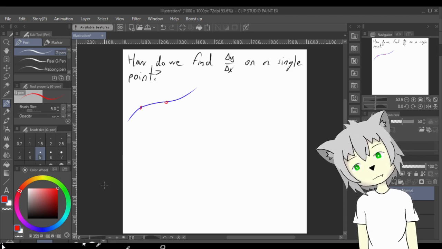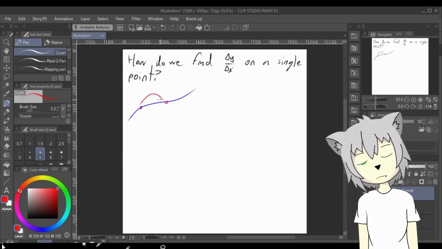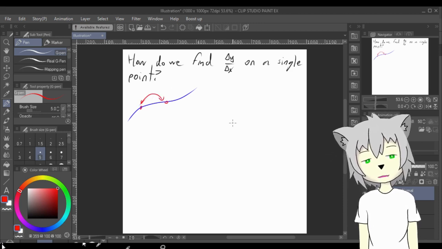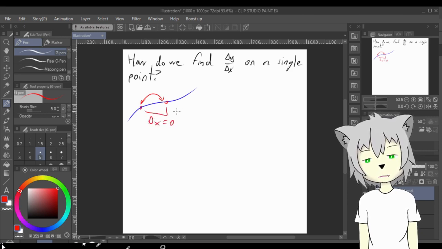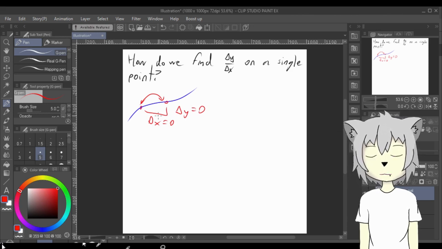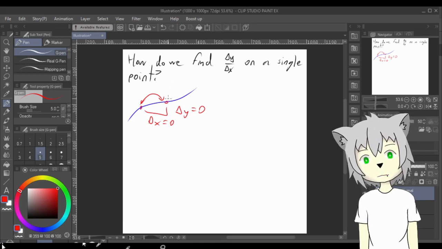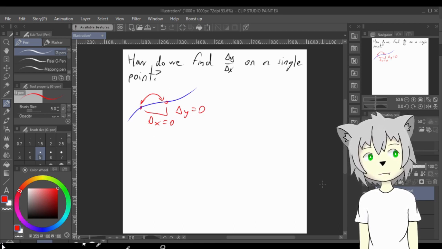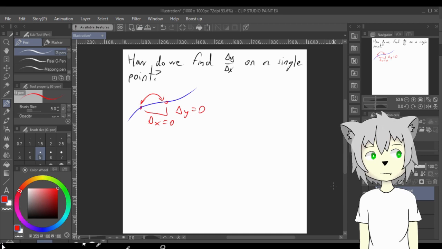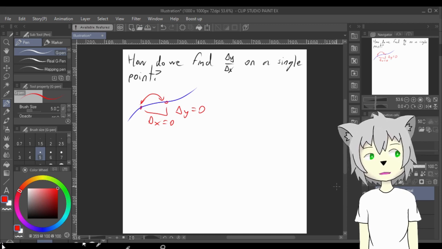But if these points are the exact same thing, then there is no change. Change of x equals 0 and change of y equals 0. They're both the same point. Of course, this isn't really, just imagine both of them sort of fuse together, like they come closer and closer together until they are exactly the same point, yeah?